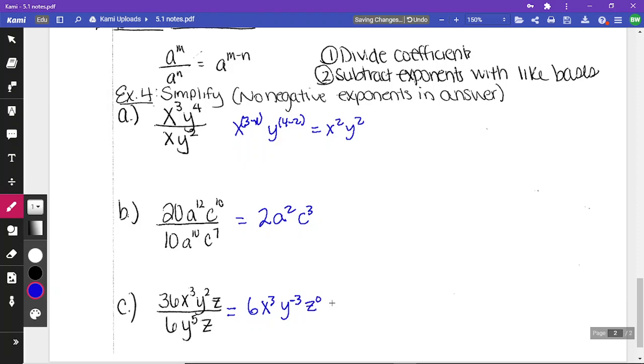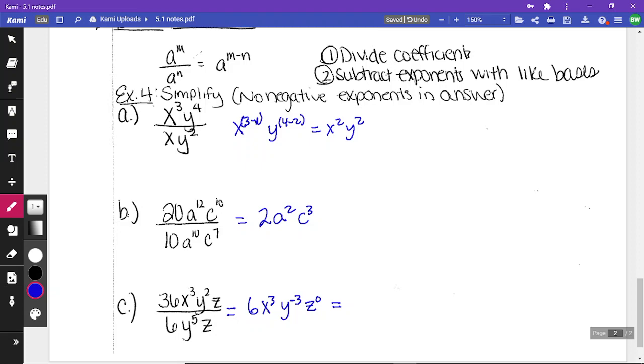Okay, so also notice, though, that when we're told to simplify these, it says no negative exponents in the answer. We don't want to leave our answer with negative exponents in these examples. So this last one, example C, is the first time that's come up where we do have a negative exponent here, right? So we don't want to leave it that way.